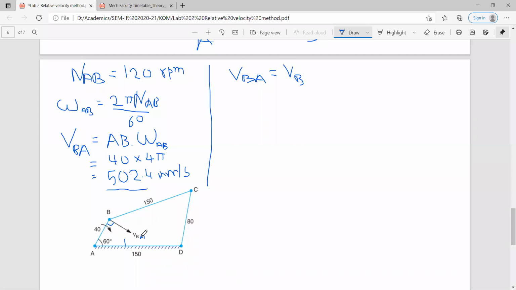Okay. So see, magnitude आपको पता है, और आपको डायरेक्शन भी पता है कि ये डायरेक्शन है, velocity of point B with respect to A. Now you have to draw a vector. So I have to select a point from where I can draw it. So what I will do, I will select a suitable point which is close to this mechanism. So suppose I will select somewhere here. It is my point from where I will start my drawing. So this reference point is always your fixed point.